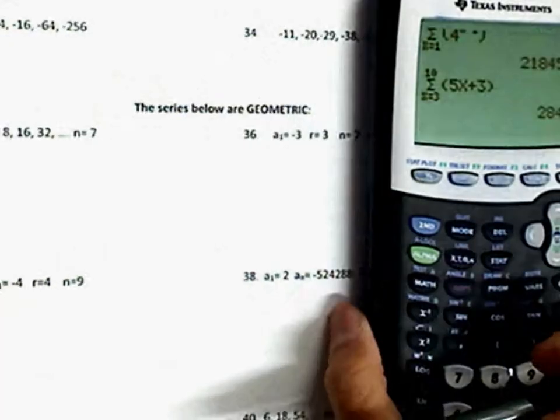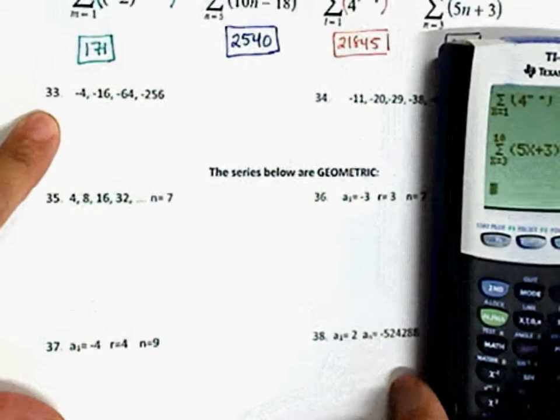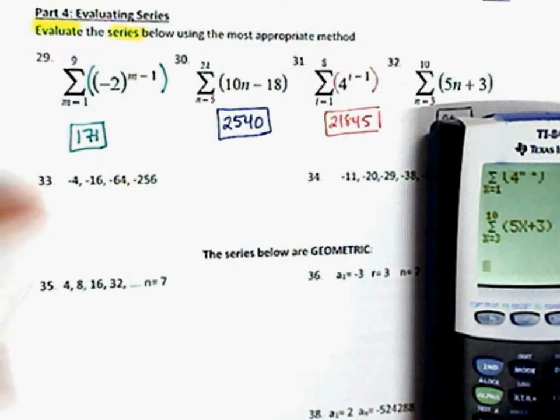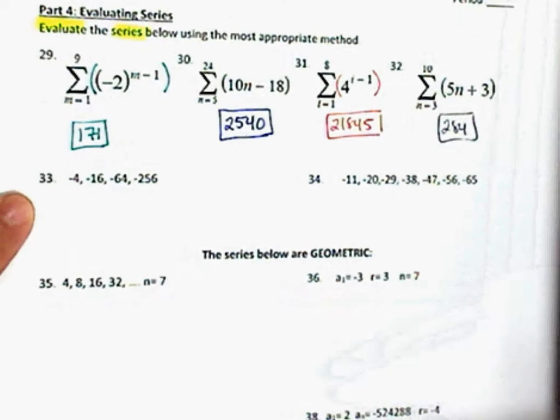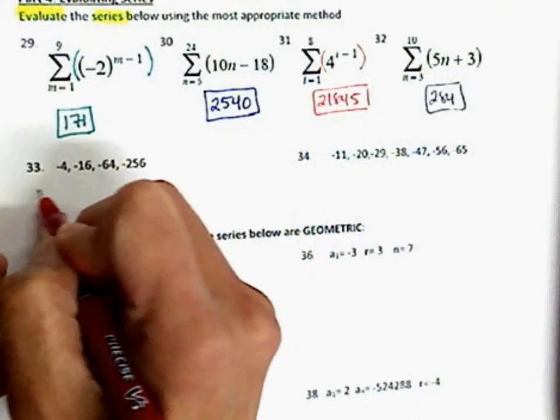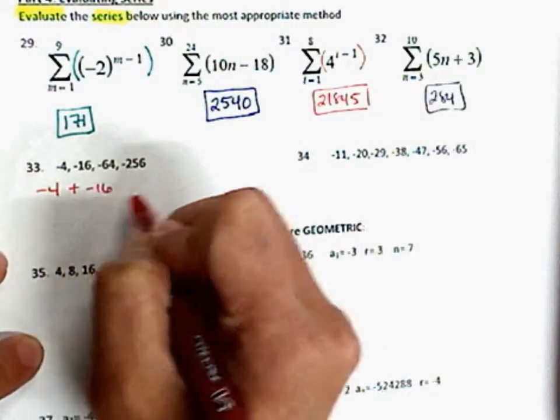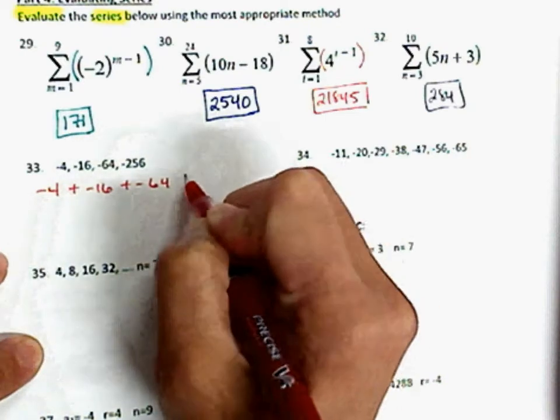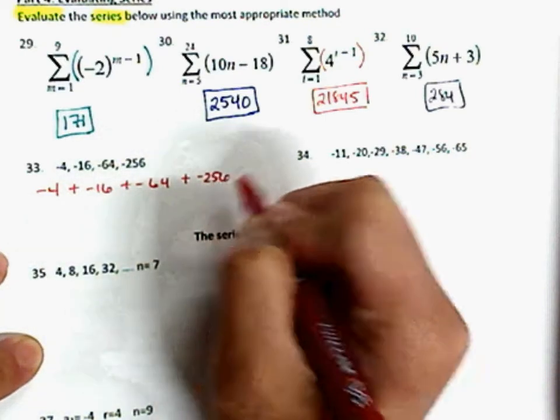Now, 33, you can do it many ways, but read the direction. Evaluate the series. That means I want an answer. A series is where you add all your terms together. So what are you going to do down here? Basically, you're going negative 4 plus negative 16 plus negative 64 plus negative 256. It is a sum.